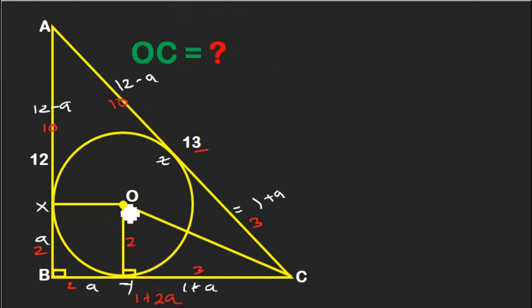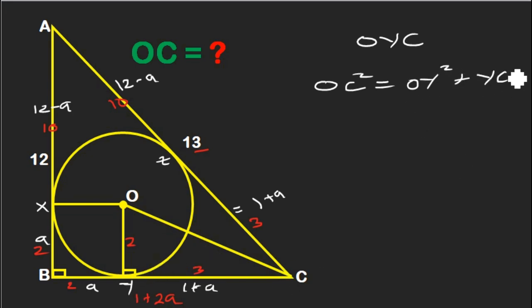OC squared, the hypotenuse, is OY squared plus YC squared.